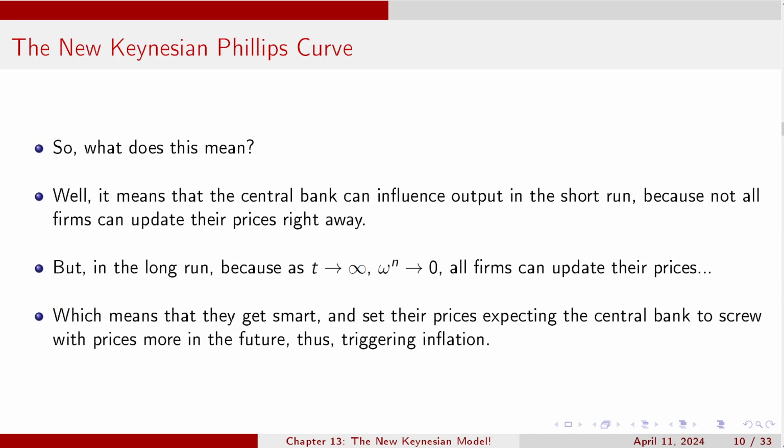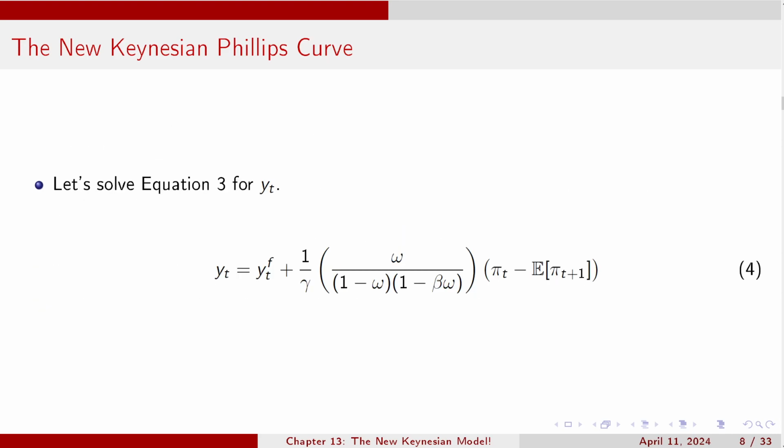So what does all this mean? Well, it means the central bank can influence output in the short run. Why? Because firms can't all adjust their prices, because we have this omega term. This omega term, remember, is less than 1, but it's greater than 0.